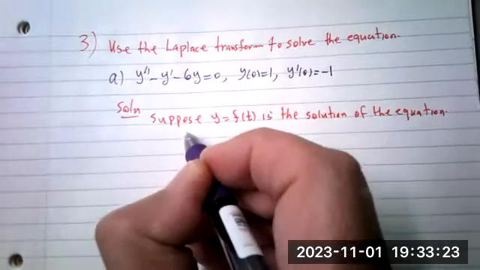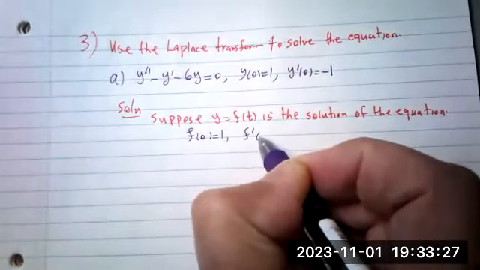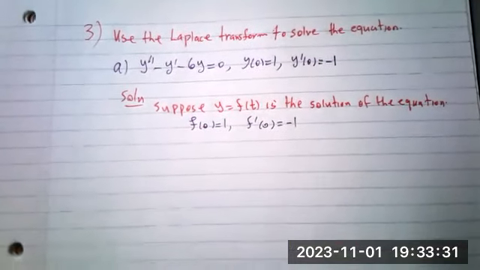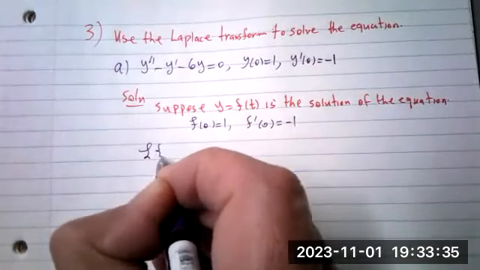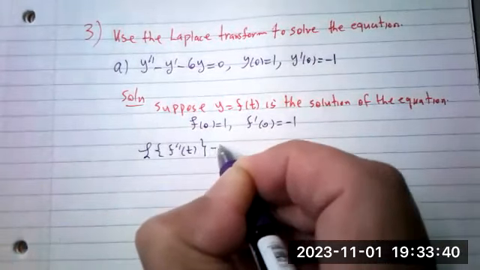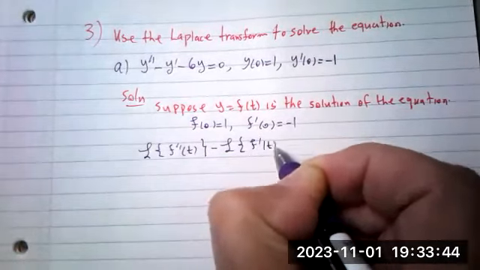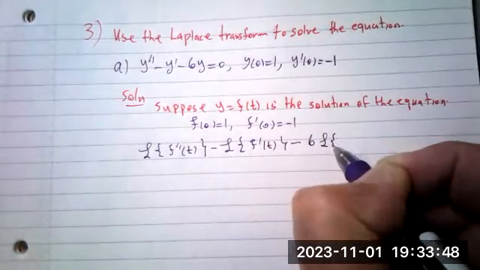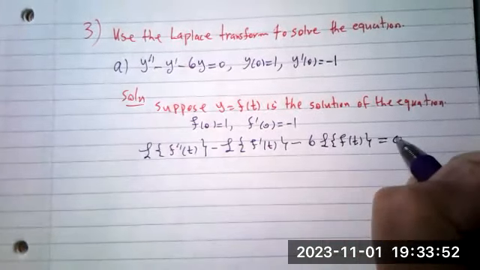So the initial conditions now are f of 0 equal to 1, f prime of 0 equal to negative. Remember, take the Laplace transform of both sides. So it's going to be Laplace of f double prime of t minus Laplace of f prime of t minus 6 Laplace of f of t equal to the Laplace of 0, which is 0.